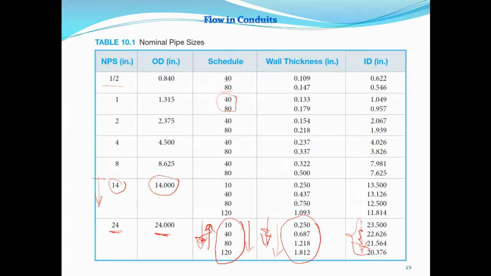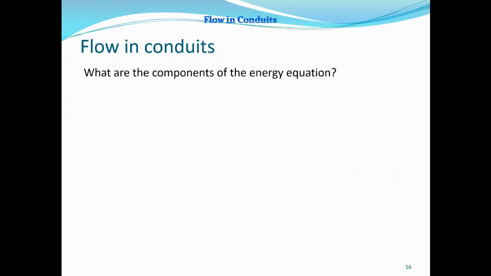The inner diameter of the pipes is decreasing. So when we say nominal pipe size, if the nominal pipe size is 14 and above, then that is equal to the outside diameter. This is very important that we need to understand.